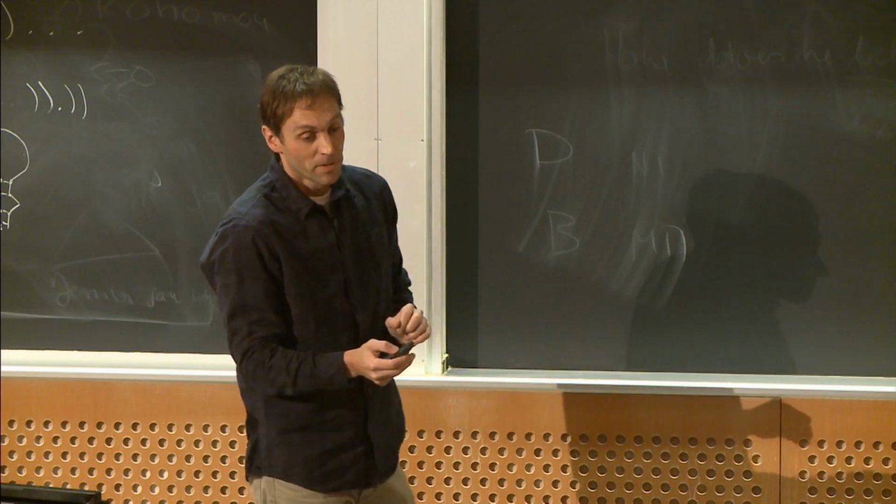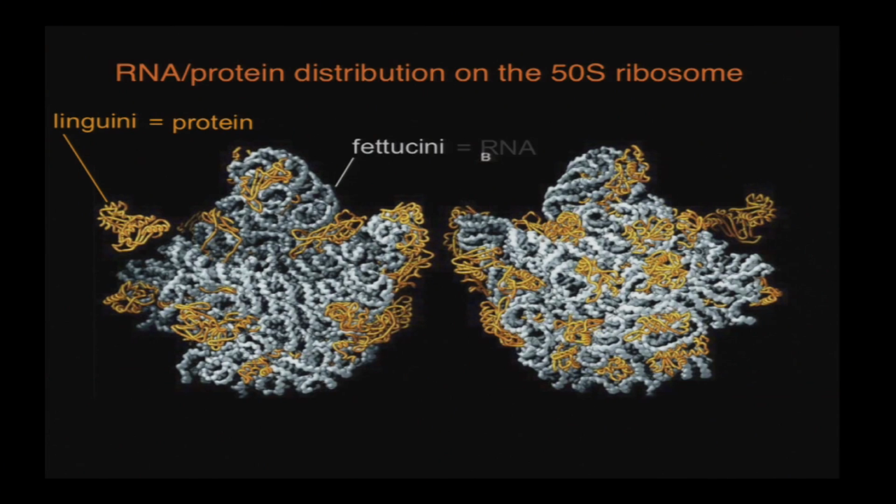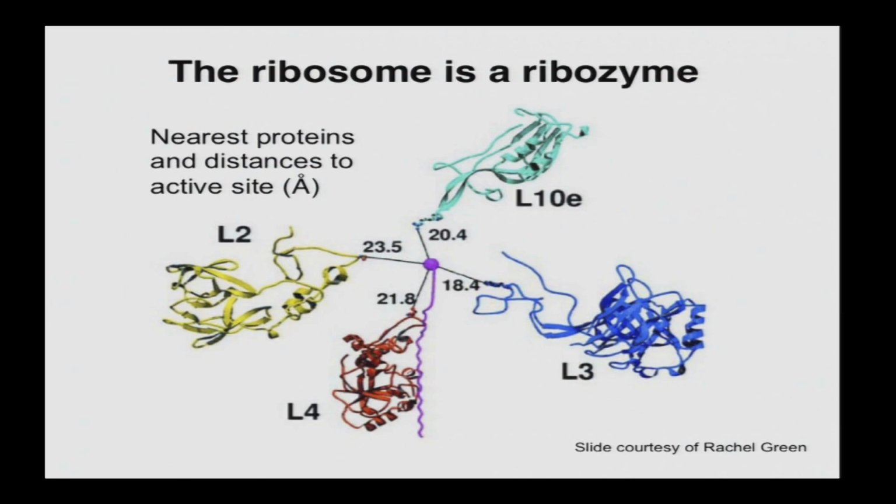Now, this is based on the structures that were solved a few years ago. If you look at where the nearest proteins are to the active site, the actual catalytic site, remember, the ribosome catalyzes addition of an amino acid to a growing peptide, so peptide bond formation.